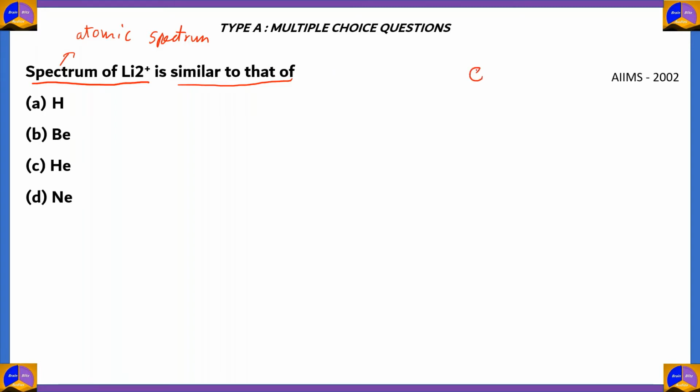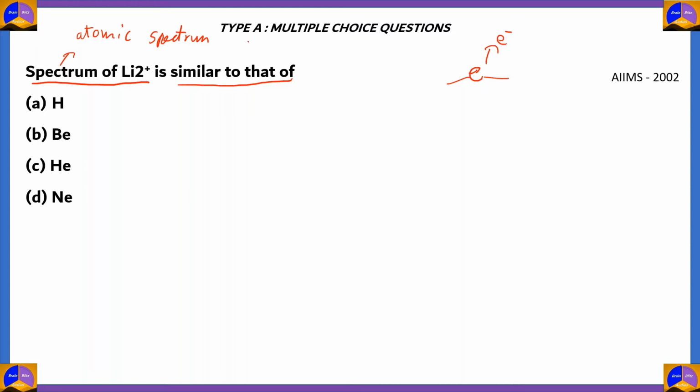So when an electron moves from a lower energy level into a higher energy level, the frequency that is emitted is recorded as an atomic spectrum.